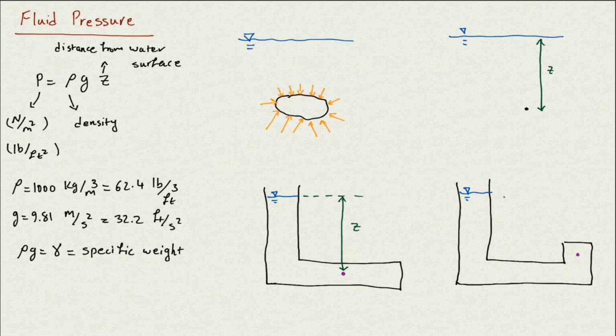All we need to know is that we always calculate the z from the water surface. So it's always the distance from the water surface to the location of that point. No matter if there's water on top of that or not, as long as it is submerged, under the water, the z is always calculated from the surface of the water.